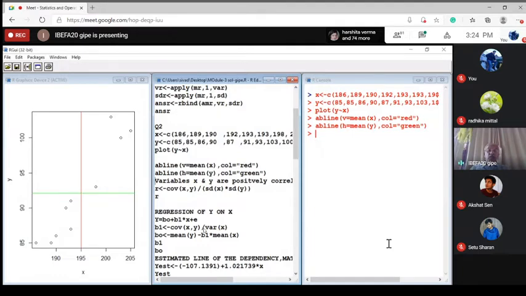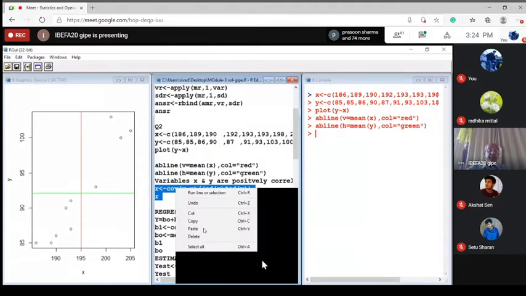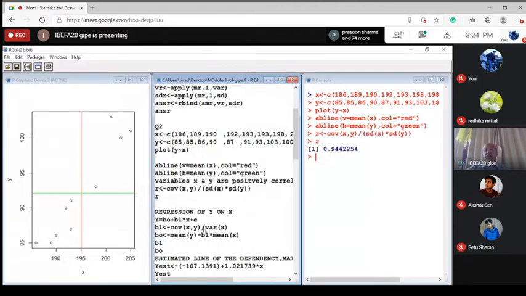How much is the correlation? I computed the correlation coefficient. Very high positive correlation, 0.944224. Very, very high correlation.